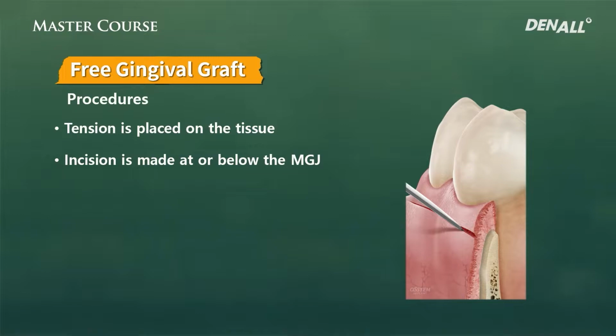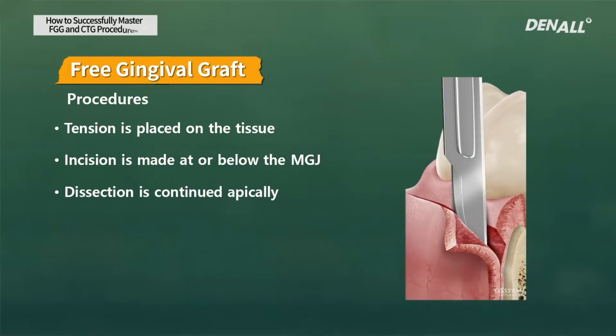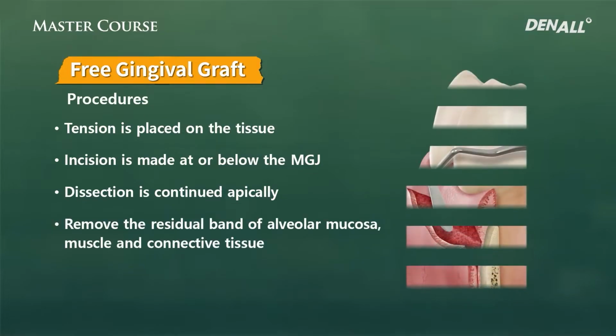After that, a horizontal incision is made 0.5 to 1 millimeter below the mucogingival junction. After that, dissection is made inferiorly. You can use a blade or a sharp instrument like a periosteum elevator. So the flap is dissected inferiorly.